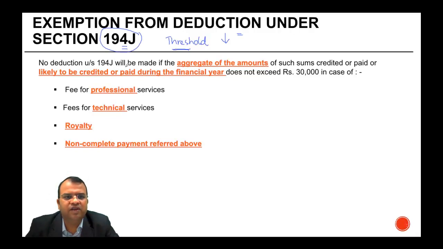No deduction under section 194J will be made if the aggregate, aggregate means the total, of the amount of such sum credited or paid or likely to be credited or paid during the financial year does not exceed Rs 30,000 in case of fee for professional services, fee for technical services, royalty, non-compete payment. So if during the year there are 3 payments you are making, right, and the aggregate of the amounts paid does not exceed 30,000.